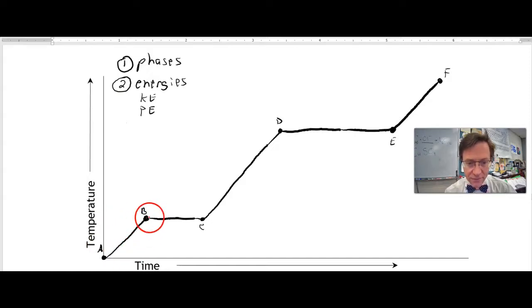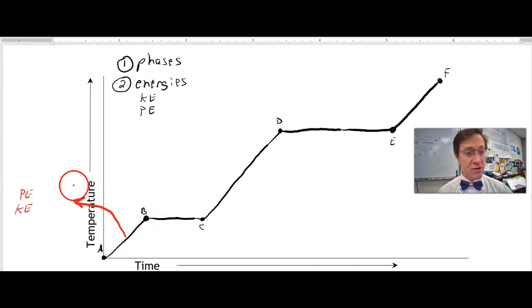Right here on this portion of the graph, portion AB, what is happening to the potential energy and what is happening to the kinetic energy? Well, let's think about it. If this line is going up, that means the temperature is going up. And temperature is the measure of the average kinetic energy. So that means the kinetic energy is going up.